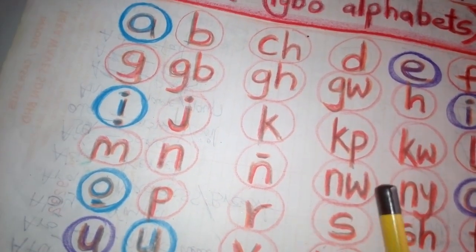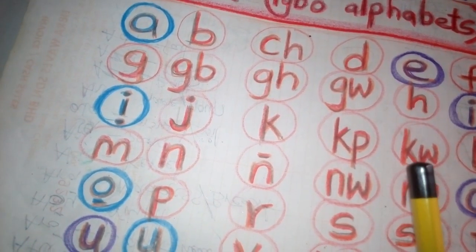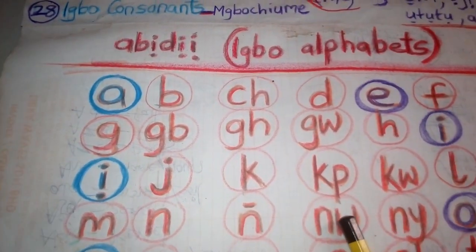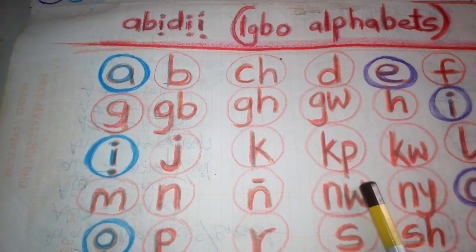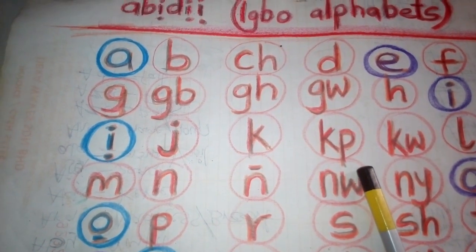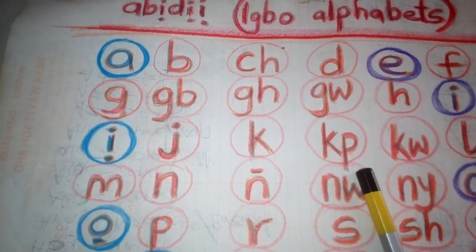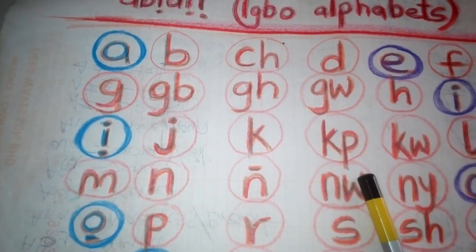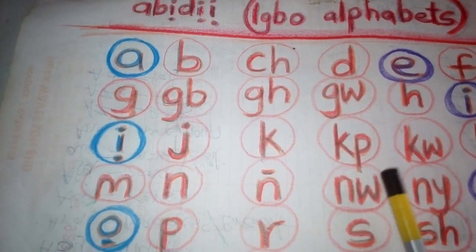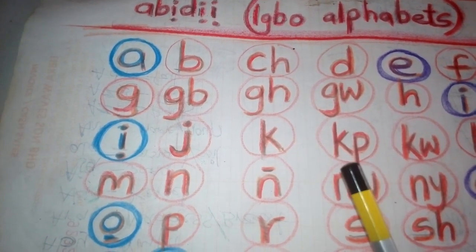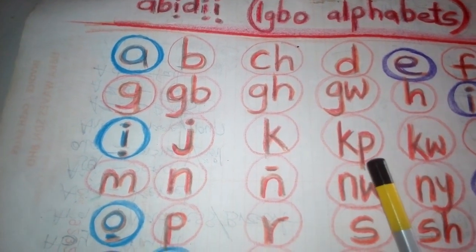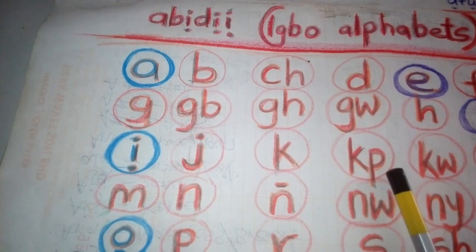Vowel harmony is a kind of vowel combination that is used in Igbo words, and that is how Igbo words are written, or spelled, and also how they are pronounced.